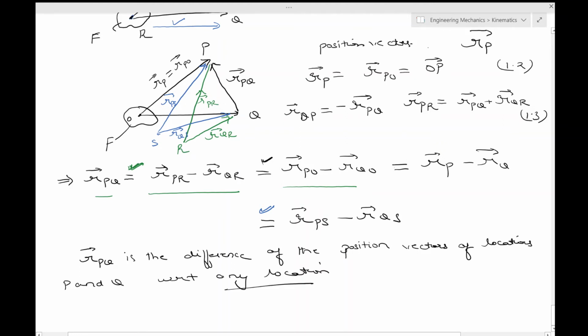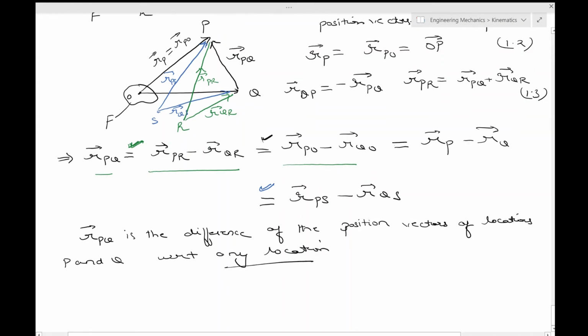See, we had taken O, we had taken R, we had taken S. It did not make any difference. The vector RPQ was the same. Its representation kept on changing. So this is always the difference between position vectors of location P and Q with respect to any location. That location was O, that location was S, that location was R.